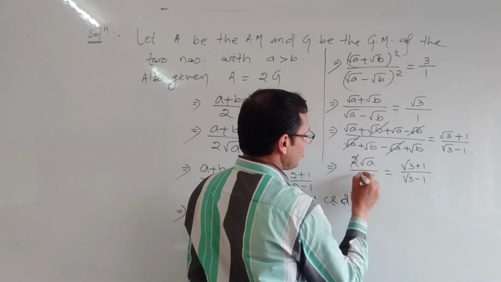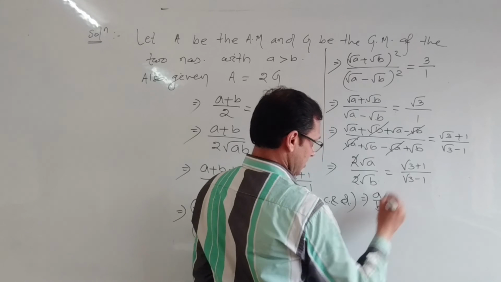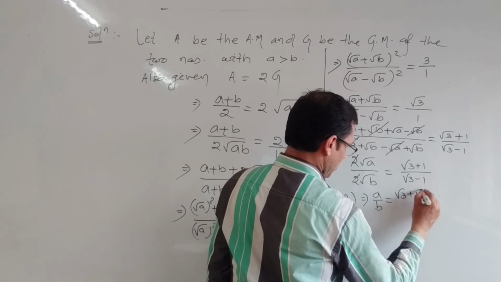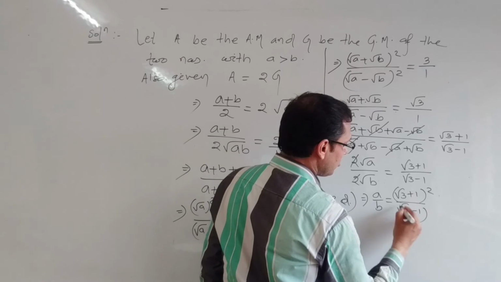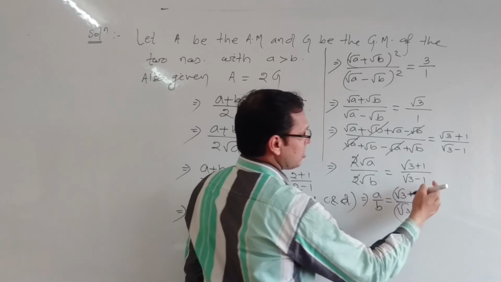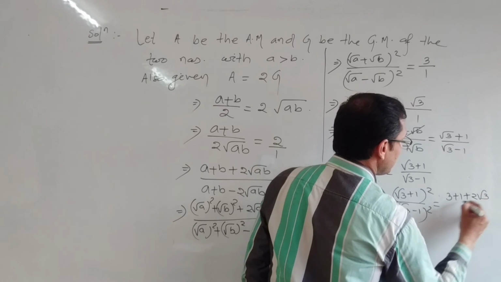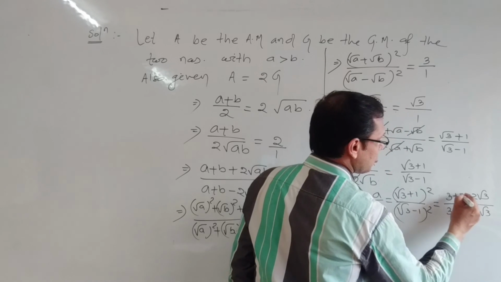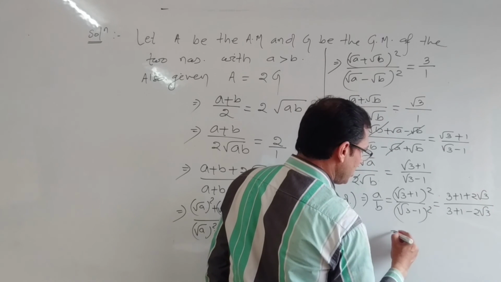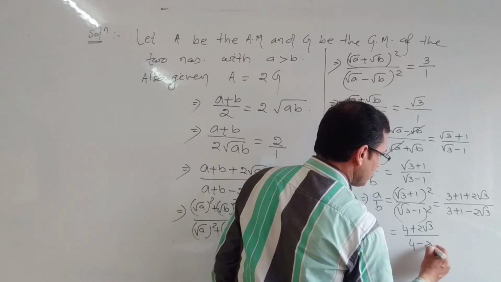Now 2 cancel, squaring both the sides, that is a by b is equal to (root 3 plus 1) whole square by (root 3 minus 1) whole square. (Root 3 plus 1) whole square means 3 plus 1 plus 2 root 3 by 3 plus 1 minus 2 root 3. So 3 plus 1 is 4, plus 2 root 3 by 4 minus 2 root 3.